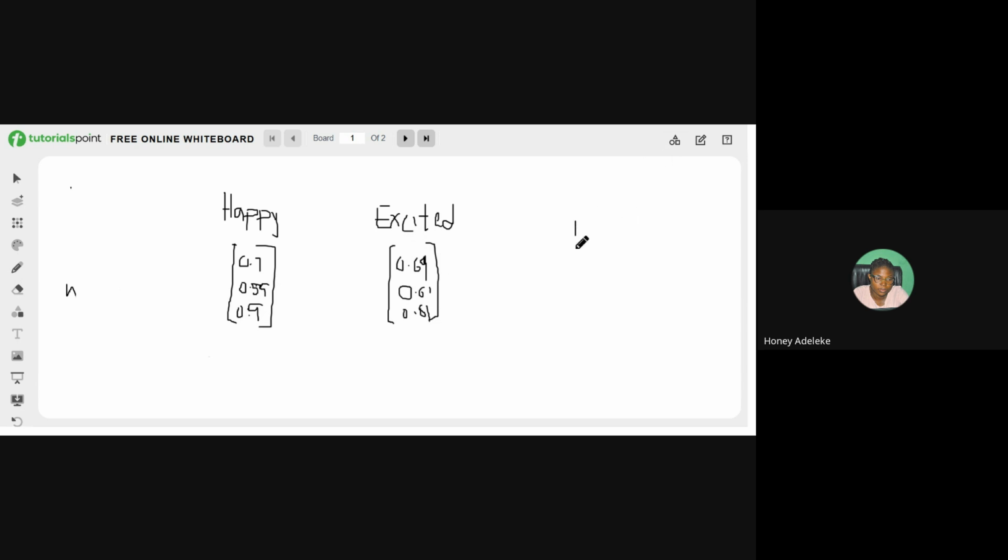If I were to plot my graph on this space, my happy might be found here, and somewhere close, based on the numerical representation, you will find the word excited as well. But let's assume that we have the word angry. Say angry is here.